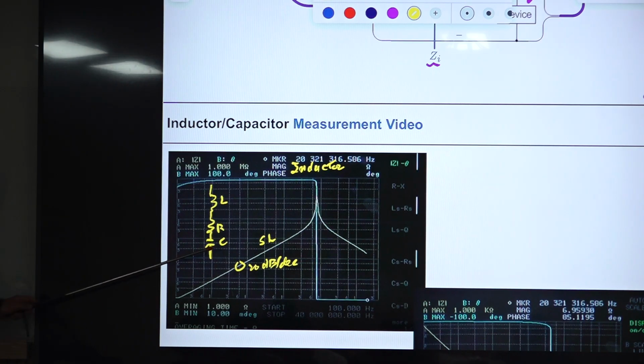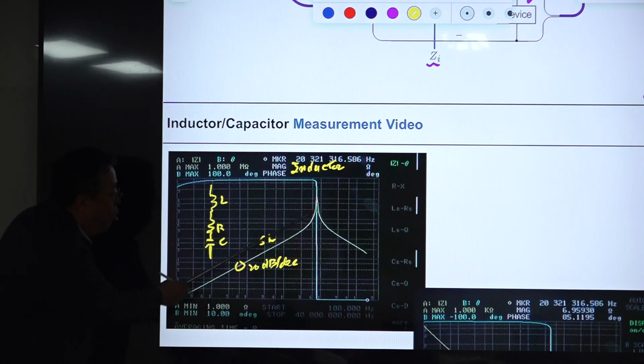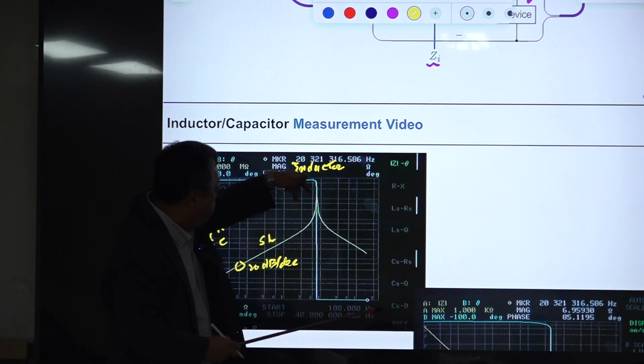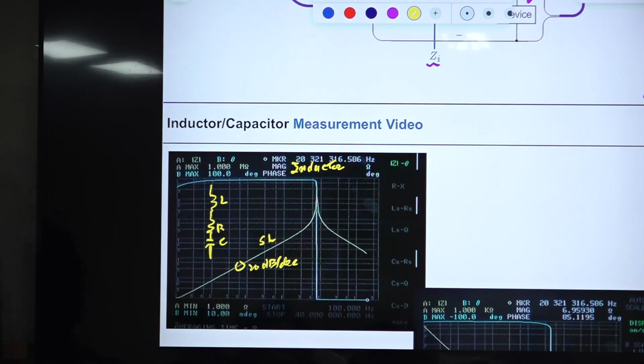At this frequency, it goes up. You have this sharp peaking, the Q of this circuit; this is an LCR resonance circuit with very high Q. Suppose this is the continuous curve, then this magnitude is 20 log Q. Now Q is very large, so the peaking will be very large.